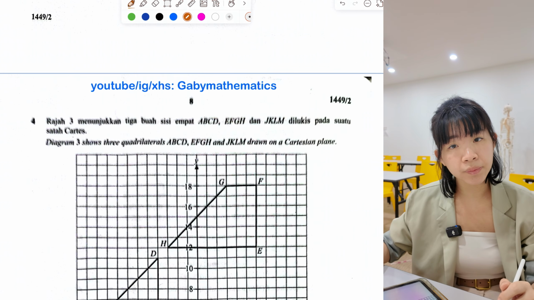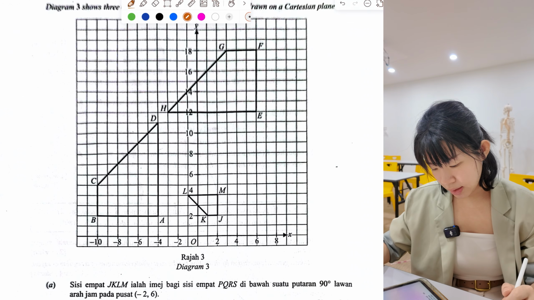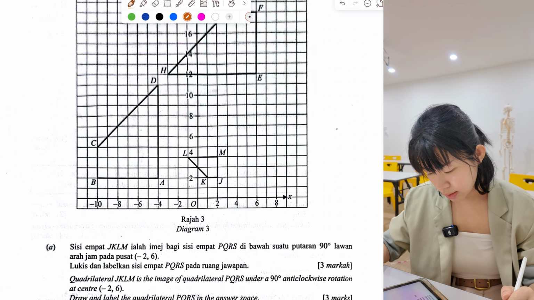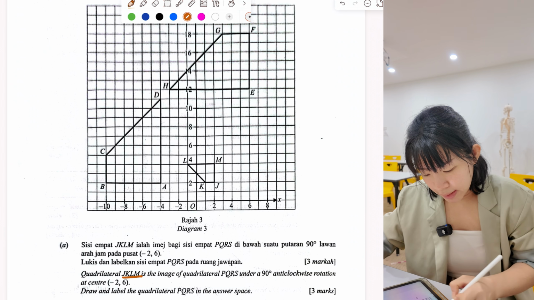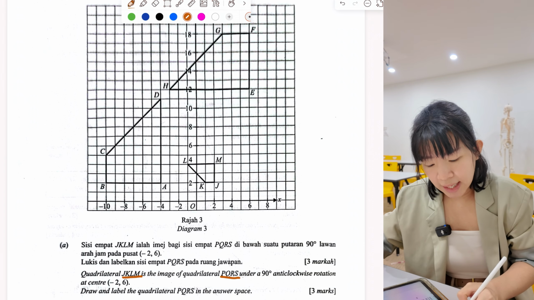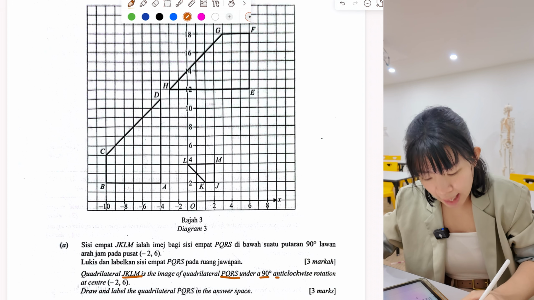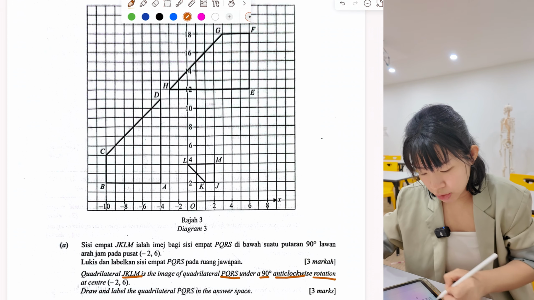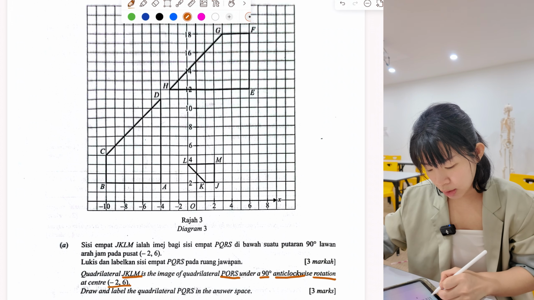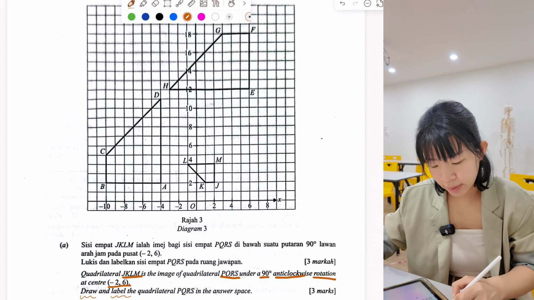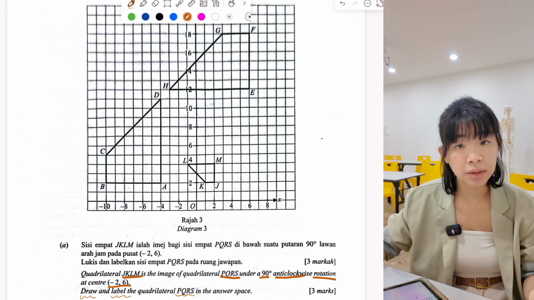Okay, number 4. Here, this is a transformation. Let's see the question. Quadrilateral JKLM is the image of PQRS under 90 degree anti-clockwise rotation at the center of -2, 6. So we need to draw and label quadrilateral PQRS in the answer space.